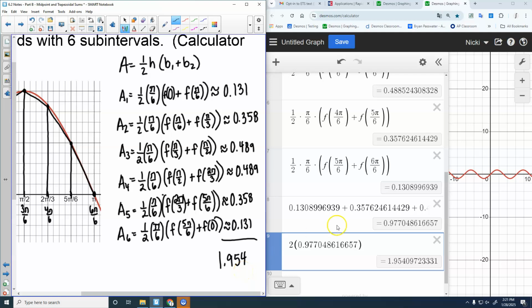I multiplied it by 2 just because I only added the first 3 together here, and since those second 3 are the same, I just doubled it. I was just trying to shortcut it a little bit. So we got 1.954 as our estimate.